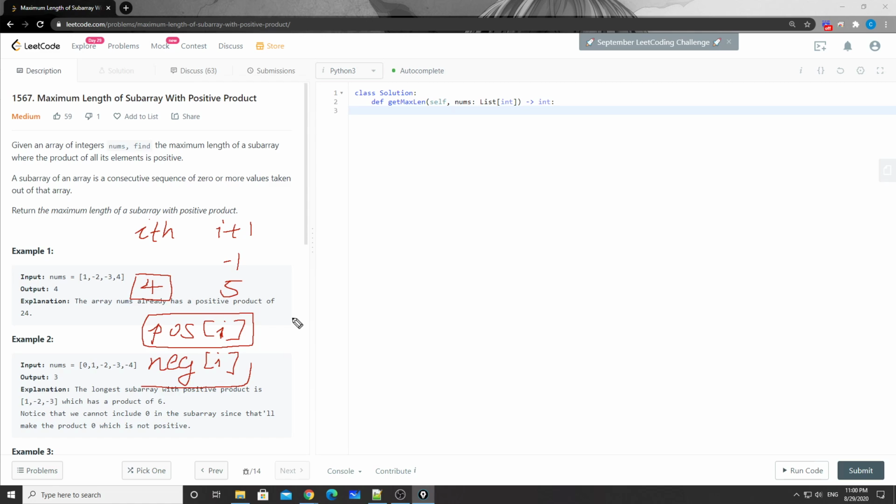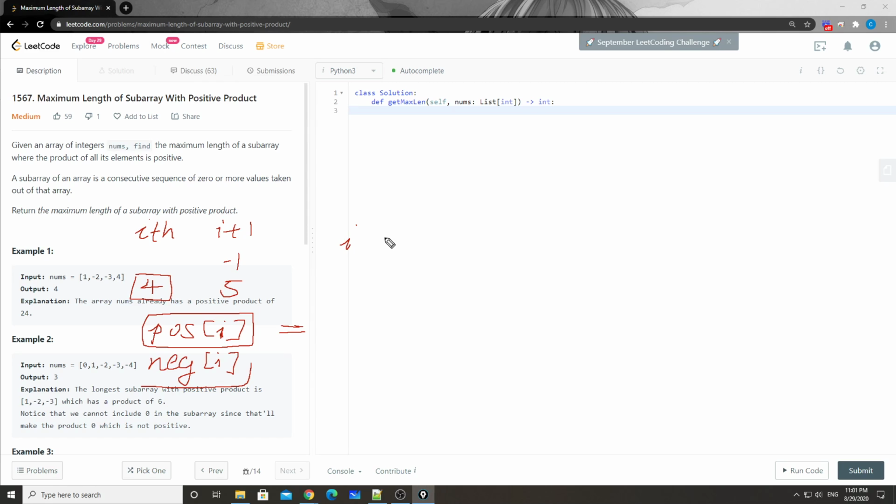Now with the positive i here, how about the state transition function? Basically, we're going to have two options for the positive i.